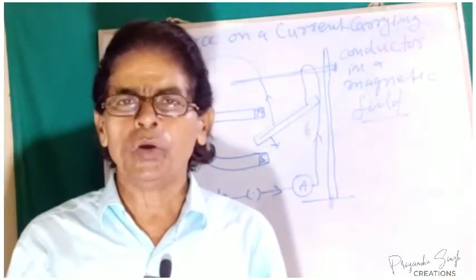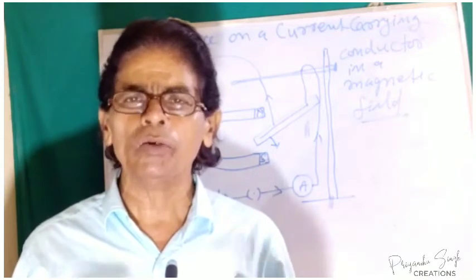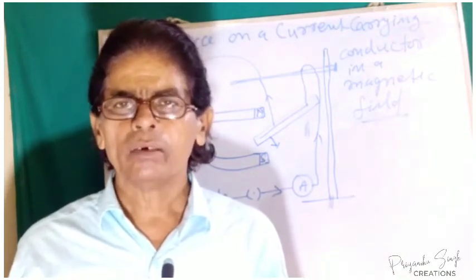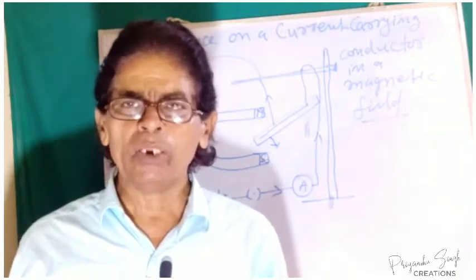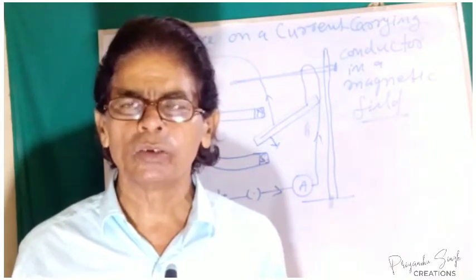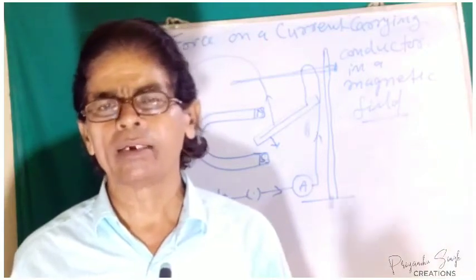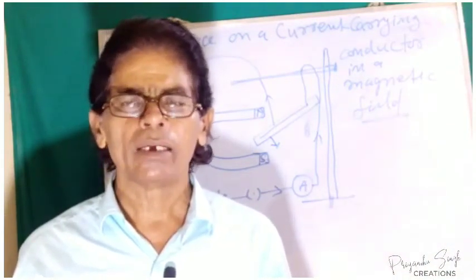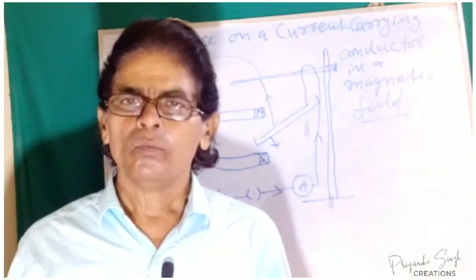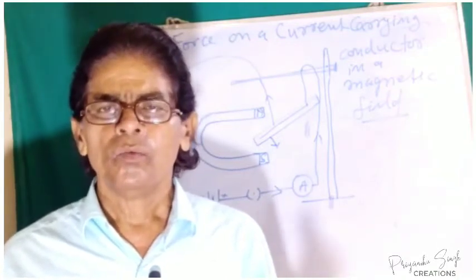The most use of this effect is to construct the motor. The principle of the electric motor is based on this effect of the magnetic field on the current carrying conductor, that is observed as a mechanical movement. So, in a motor, what do we observe?